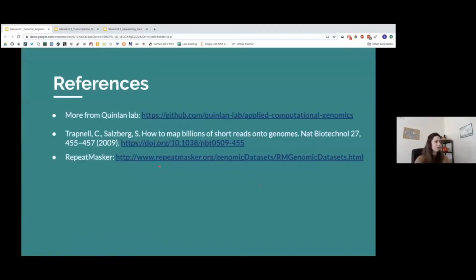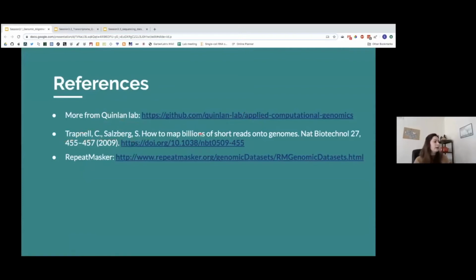All right, so I'll leave you guys with some references. You probably noticed that I used a lot of the slides, including the toy genome from Aaron Quinlan. And there's a lot more from his lab that can be found in this link. If you want to go deeper into the bioinformatics aspect of some of these problems that I talked about today, that's a good place to look for some videos even.